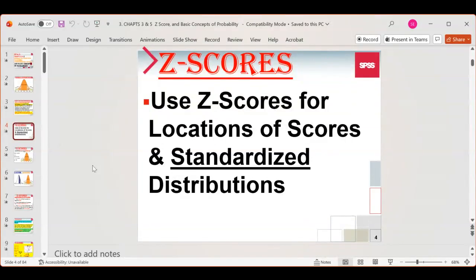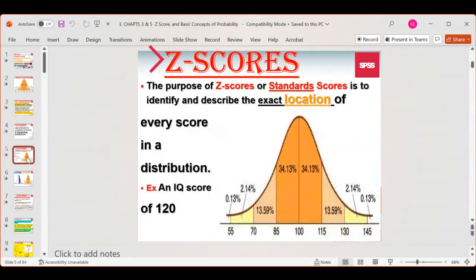We use the z-score for the location of scores in a standardized distribution. As you can see, once again, the z-score tells us the location of where you stand. What you're looking at is the IQ distribution. Again, at the bottom is 100, which is the mean of IQ. Then up or down, you move 15 points.